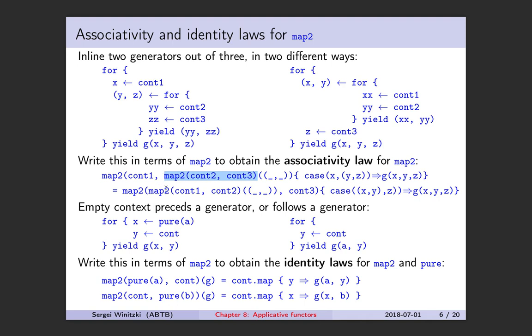So you just change the order in which you apply map2. But everything else is just some kind of bookkeeping that we should be able to get rid of and simplify somehow. So, for example, we don't want to talk about arbitrary function g in the law. We'd like to simplify that so that the law doesn't contain arbitrary functions.